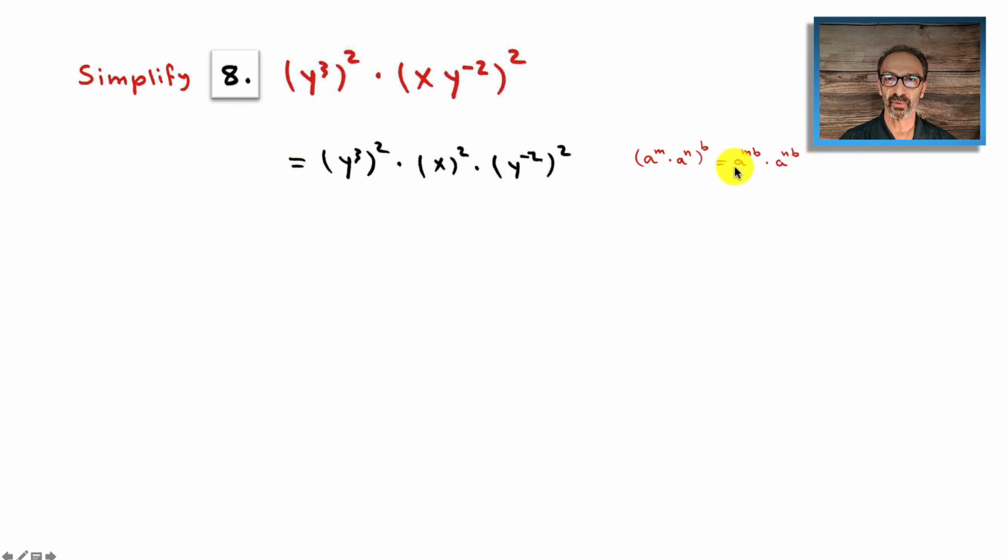That's this rule right here. Next, 2 times 3 is 6. 2 times negative 2 is negative 4.